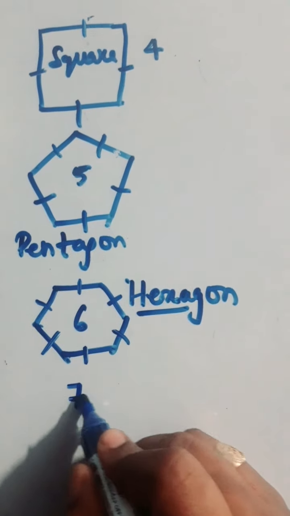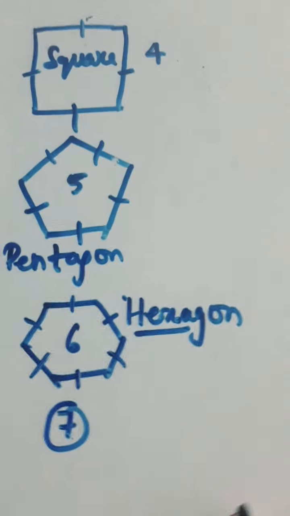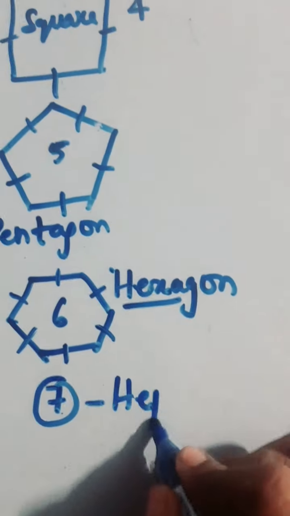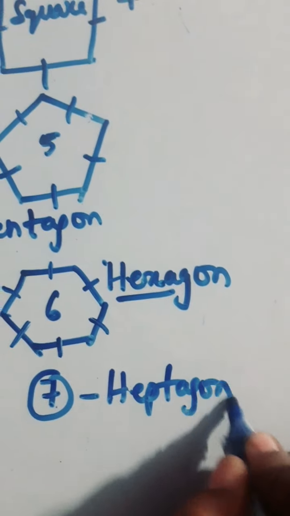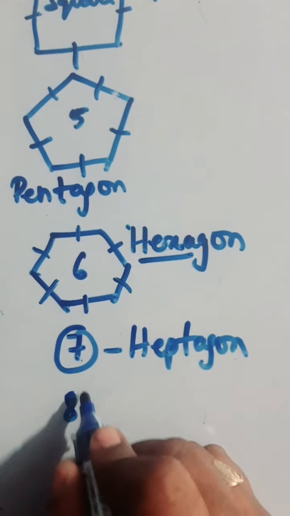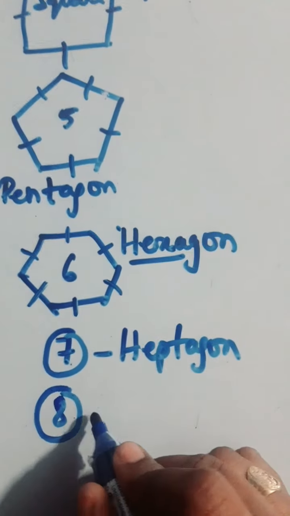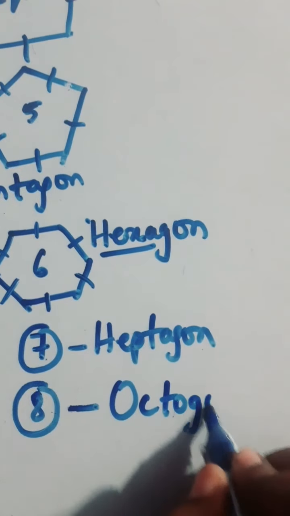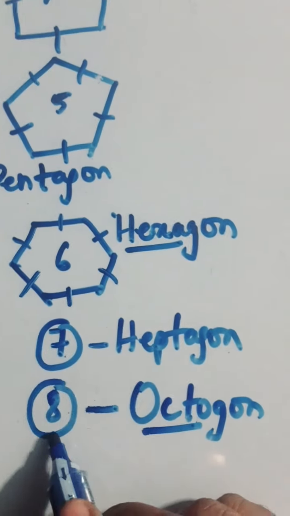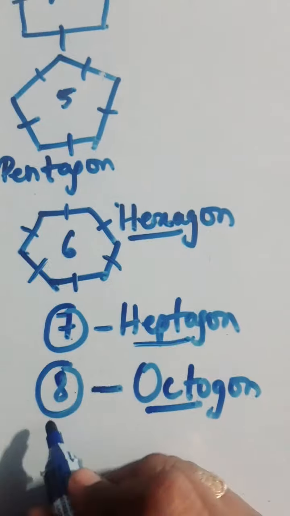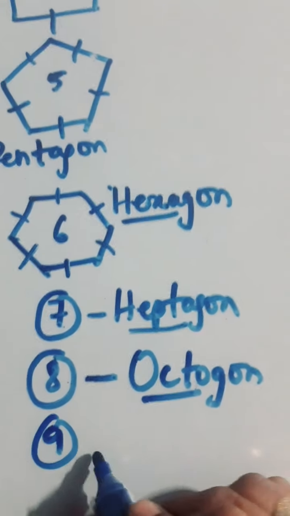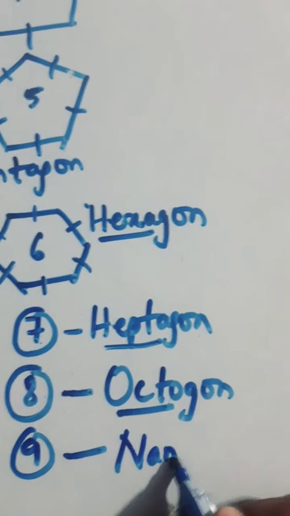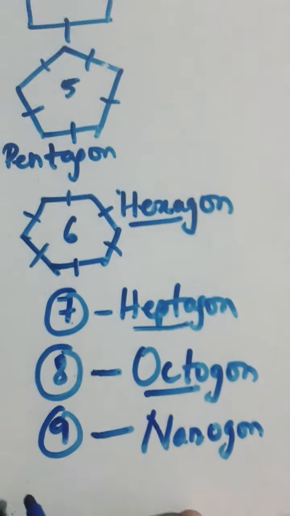If a polygon has 7 equal sides, such a polygon is called a heptagon. If the regular polygon has 8 equal sides, we call it an octagon. Here octo means 8, hepta means 7. If it has 9 equal sides, then it is called a nonagon.